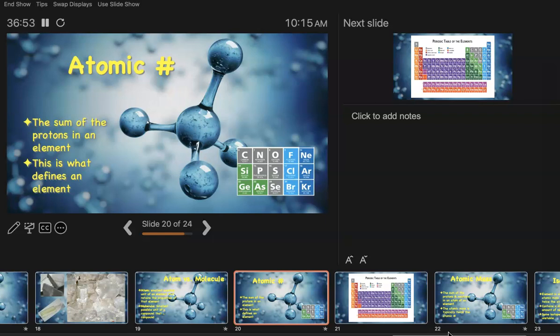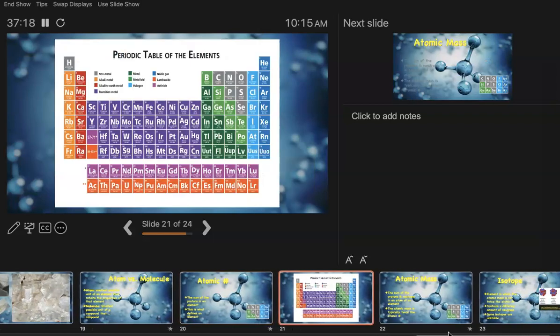What would happen to this krypton if we added a proton to it? It turns into whatever's next, right? Remember, if we mess with the number of protons, we mess with the element. It's no longer that element. So the only thing we can add are neutrons. Okay? So when something is heavy like this, as we could call it, it's because of extra neutrons. Now, they have a vocabulary word for that.